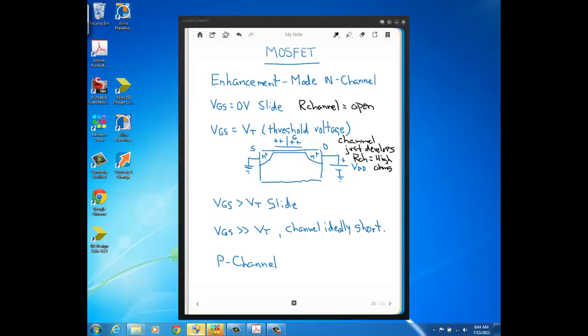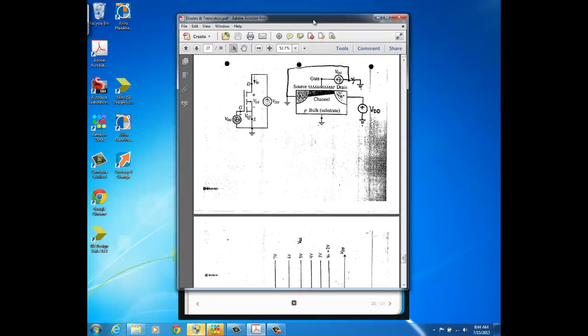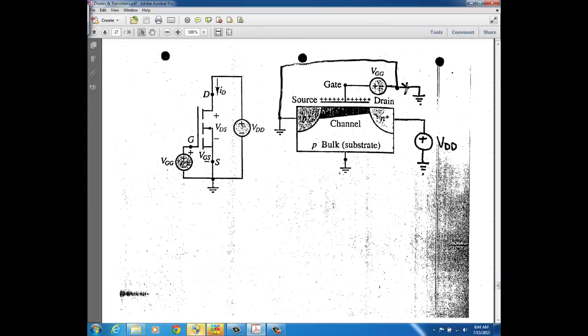Well, now if I continue to increase my gate voltage, I make it more positive, then this is what occurs: as I make the gate more positive and more free electrons are attracted in between the two corners here, the width of my channel, the cross section of my channel, increases.